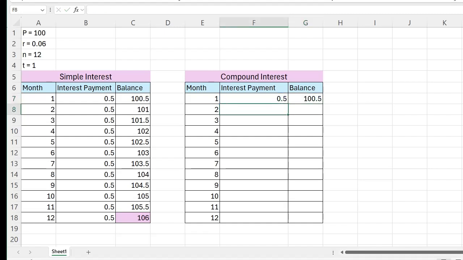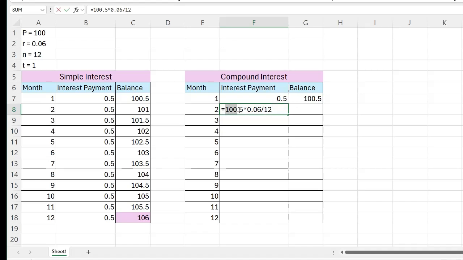Where things start to change is in the second month, because instead of starting with $100, I'm going to start with $100.50, and then I'm going to get 6% divided by 12 interest on that. So that's where the compounding comes in.